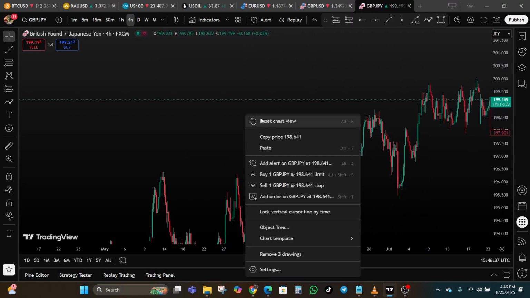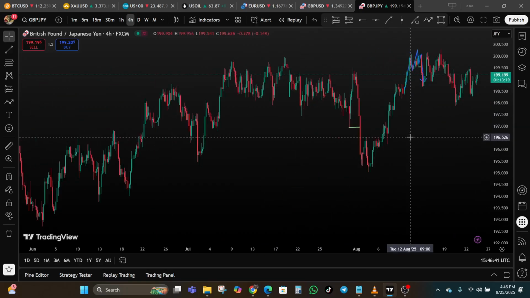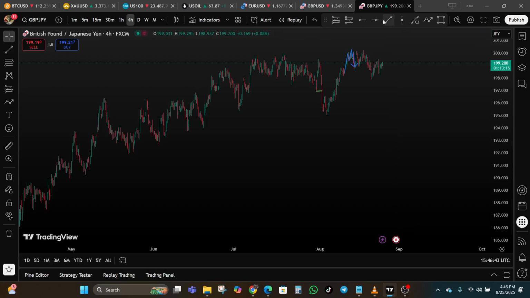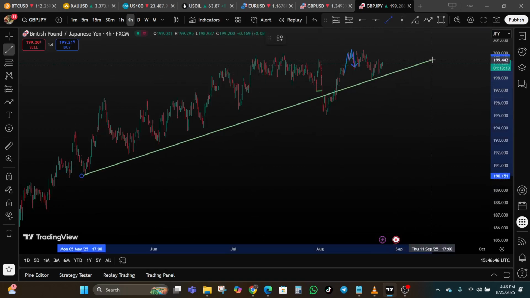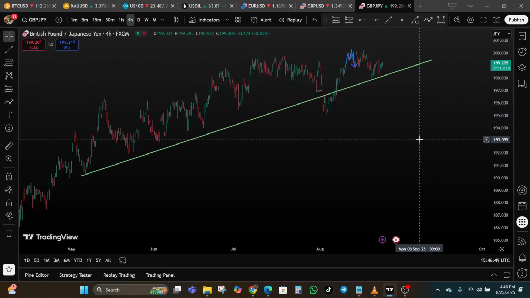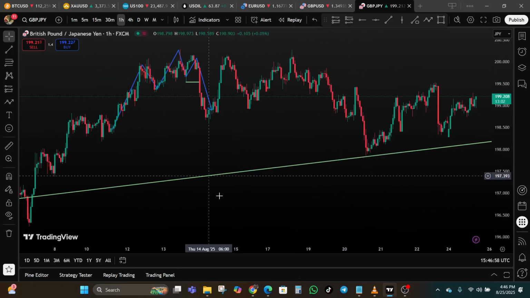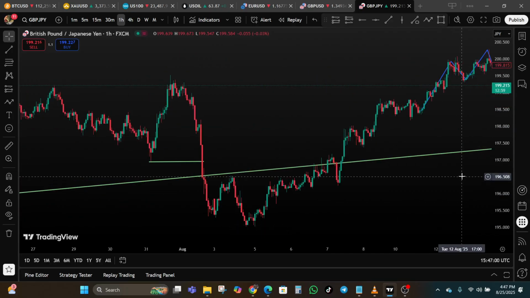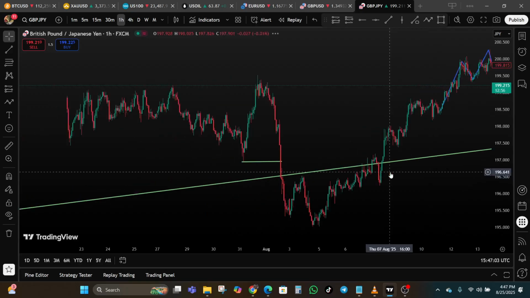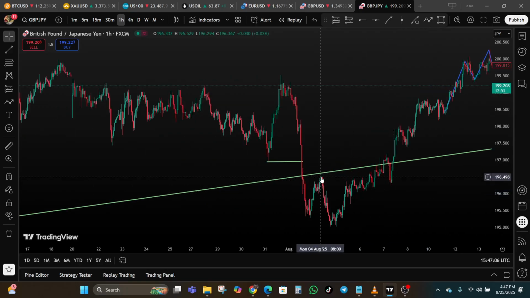If the higher time frame trend is bullish, the overall trend, but you see a bearish change of character on a lower time frame, chances are that it could be fake. So you should always align your lower time frame analysis with the bigger picture.